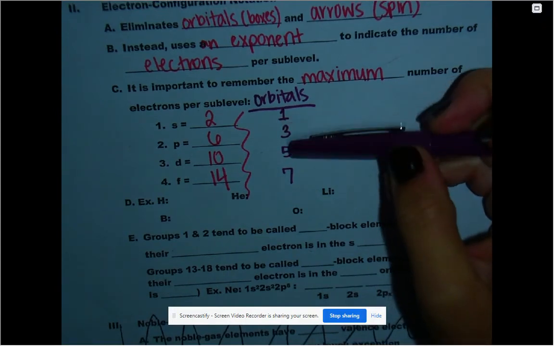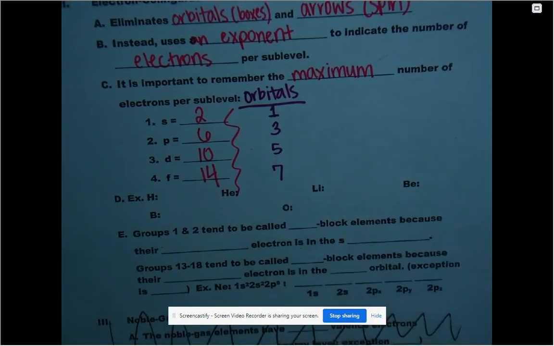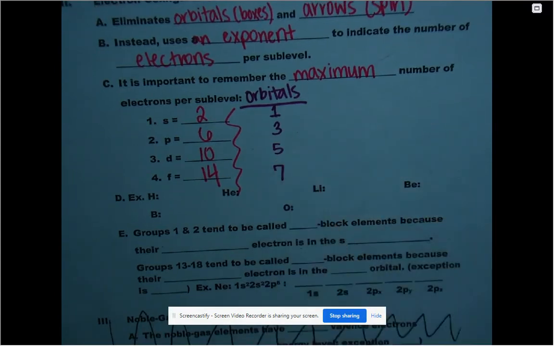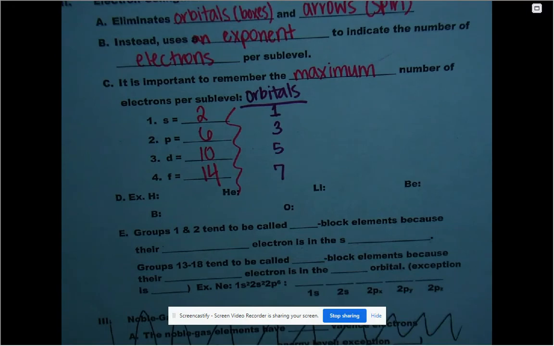Yesterday when I showed you the shapes, like the little dumbbell shape, one going this way, one going this way, one going up and down, that was the 3 orbitals. So this one is going to have 5 of those fitting together, and this one is going to have 7 of those. You can see why the pictures got more complicated toward the bottom of that picture yesterday.